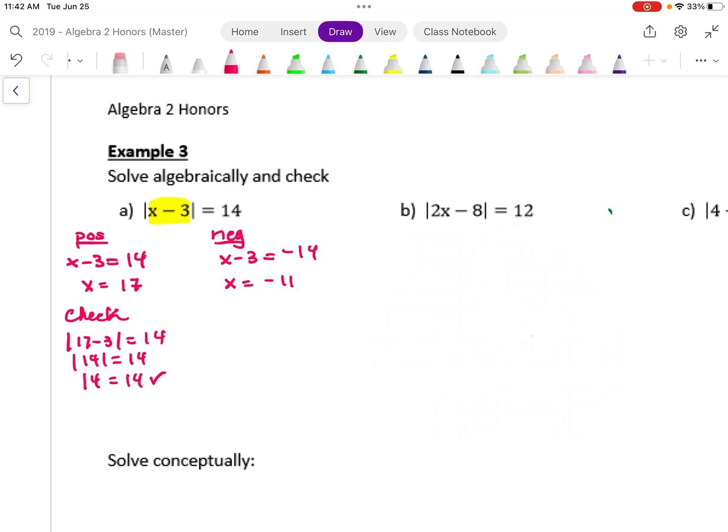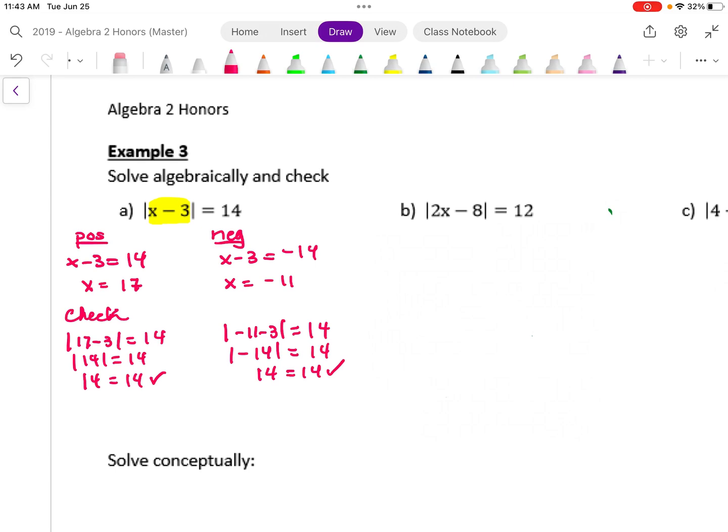So this one works. And if I was to check the other one, not x, it's -11. The absolute value of -11 minus 3 is equal to the absolute value of -14, which is equal to 14. Oh yeah, the absolute value of -14 is +14. So this also works.